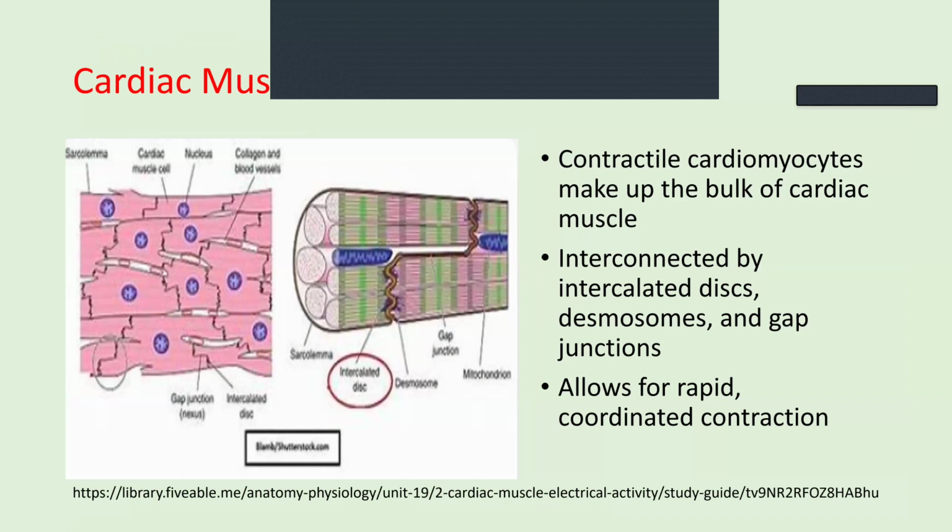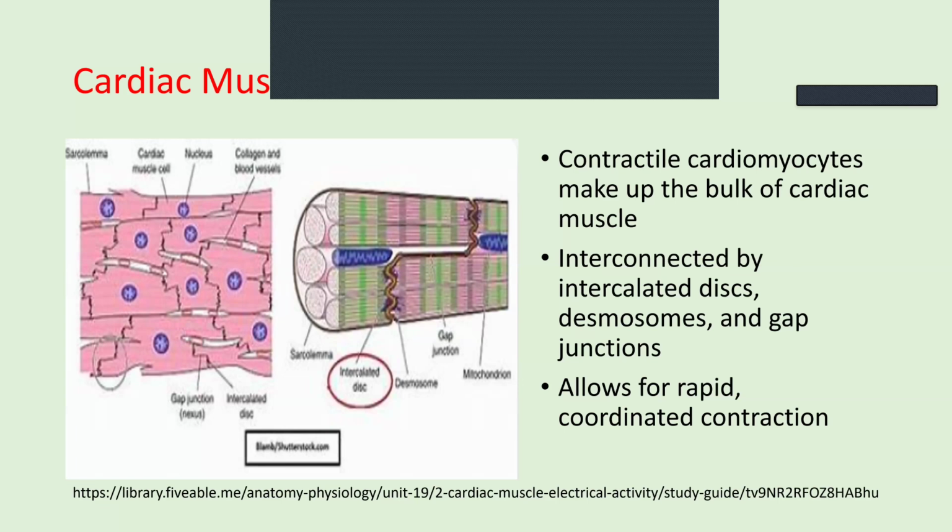Cardiac muscle tissue, the bulk of it, is made up of contractile cardiomyocytes. These cells are interconnected by specialized junctions called intercalated discs, which contain desmosomes and gap junctions.